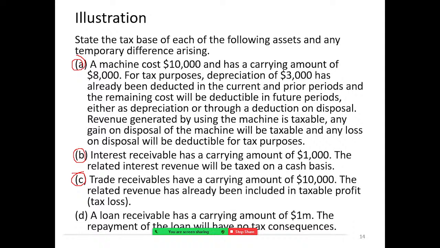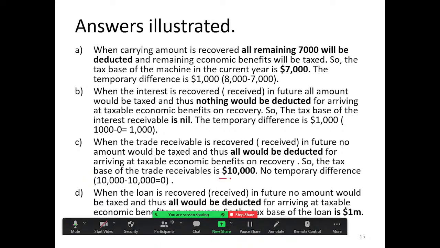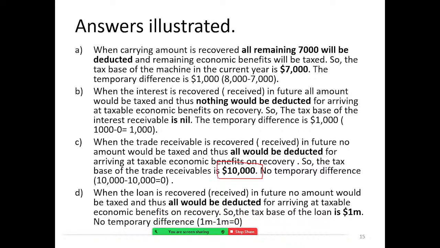No, there's no difference. The carrying amount equals the tax base of 10,000. Temporary difference is nil.